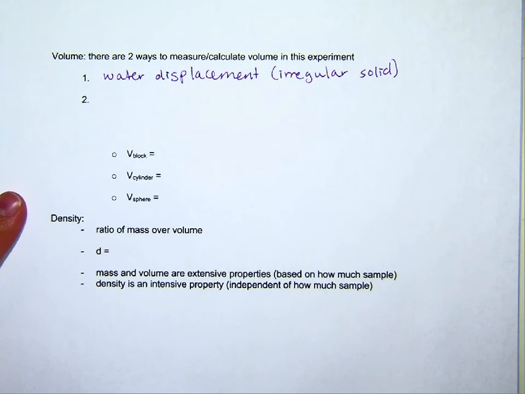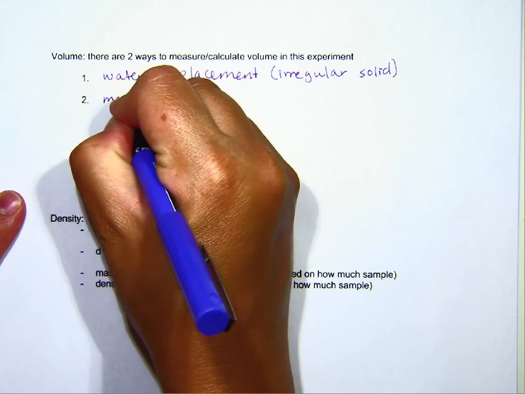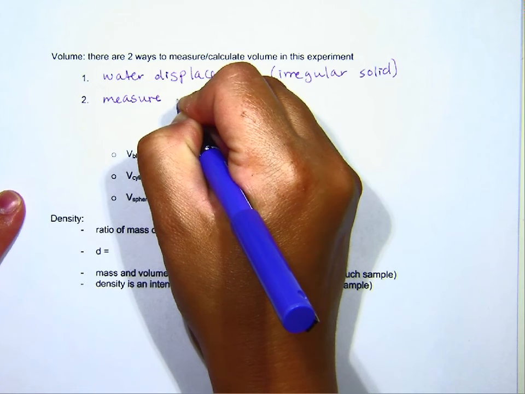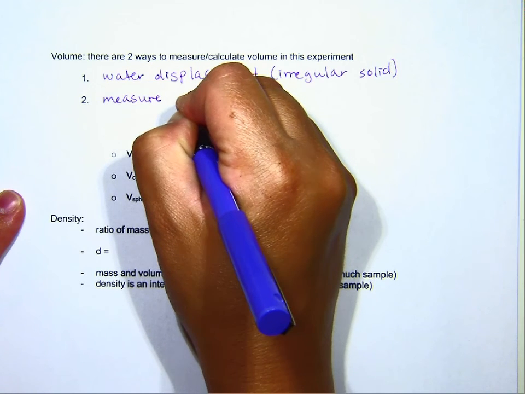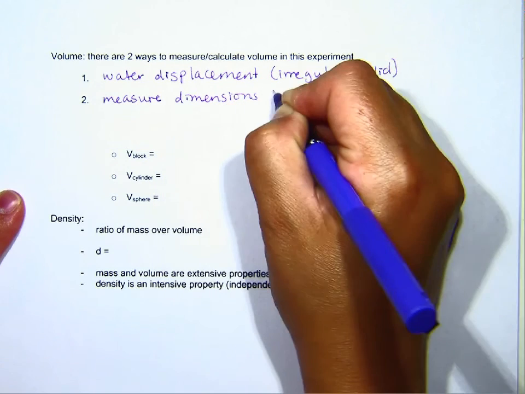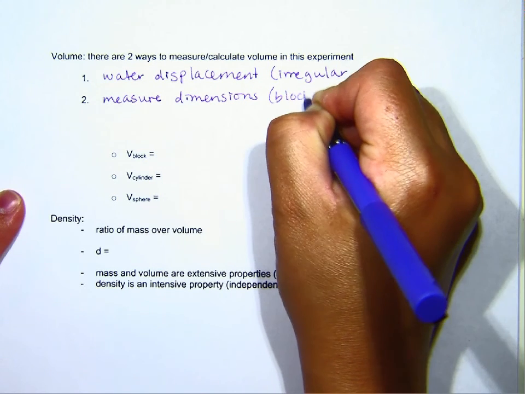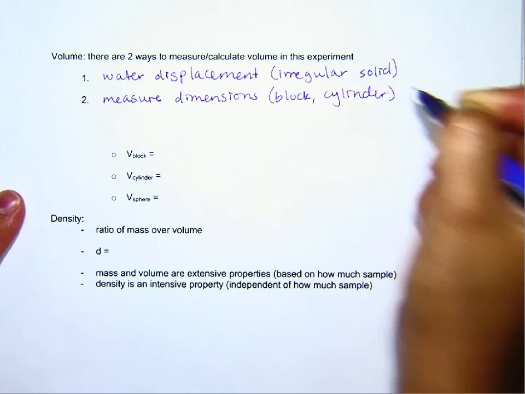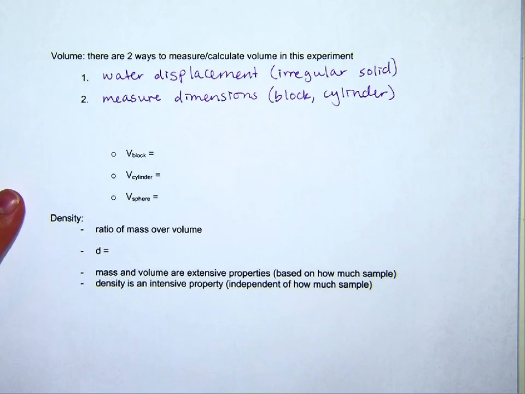The other way to measure a volume is to measure the dimensions. This is referred to as linear measurements. So measure the dimensions. And you can do this when you have a regular object such as a block or a cylinder. There are several of these within experiment 1.